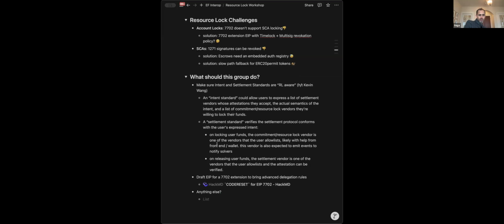The plan with version 1 of the Compact right now is to introduce this notion of an emissary, where you can assign an account, specific to a family of resource locks, that has the ability to speak on your behalf. Basically, if your ECDSA signature isn't valid, or your 1271 signature isn't valid, then it'll go ask the emissary and provide a callback.